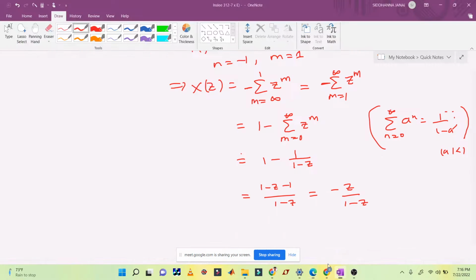So to take out this minus from the equation, we can consider minus 1 as common, so it will become z divided by minus 1 times z minus 1.